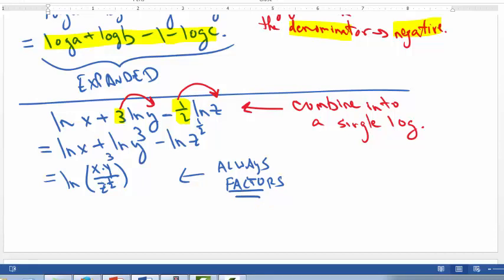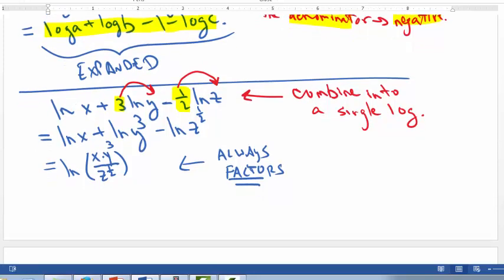There's no addition or subtraction signs in here, unless there's an addition or subtraction sign in one of the initial expressions. But in general, you're not inserting any addition or subtraction here. It's just all multiplication, division. Okay? So that would be an example of using all three to combine into a single log.